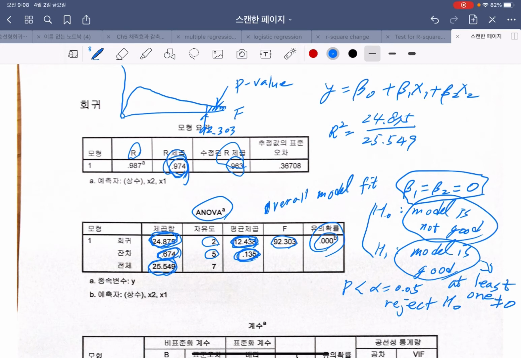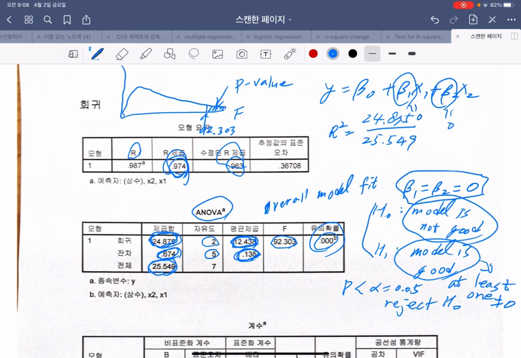So the ANOVA table is used to test whether your model is good or not. In this case, the null hypothesis is that all the coefficients are equal to zero. Think about this: if these are all equal to zero, what does that mean?